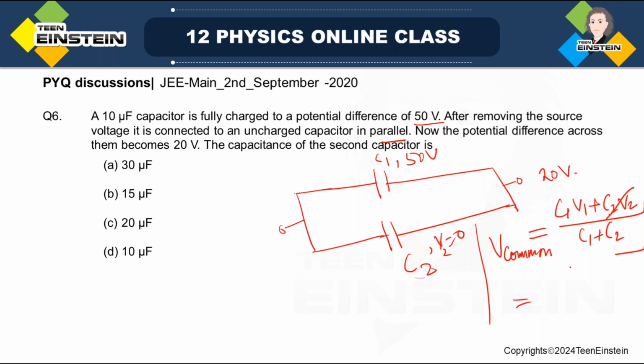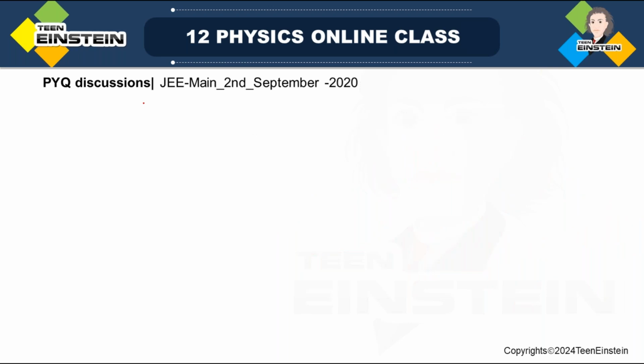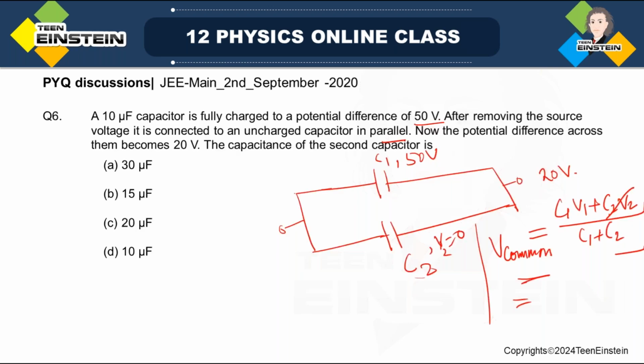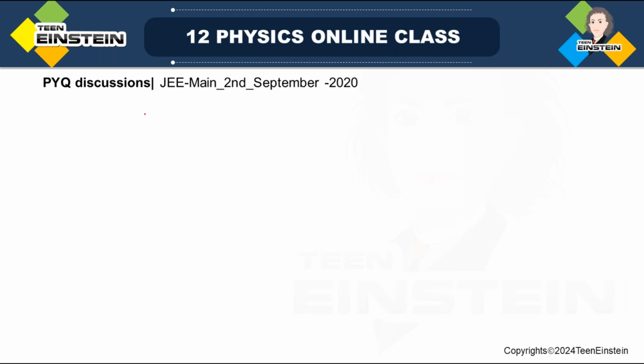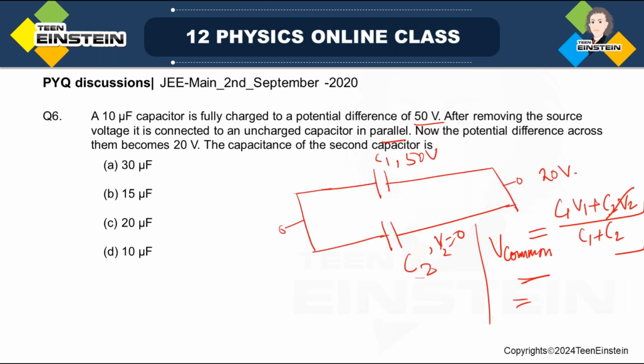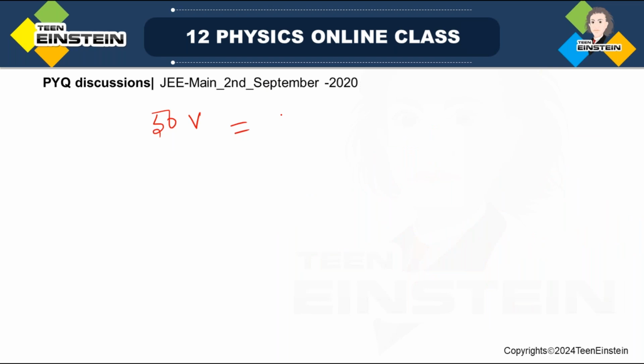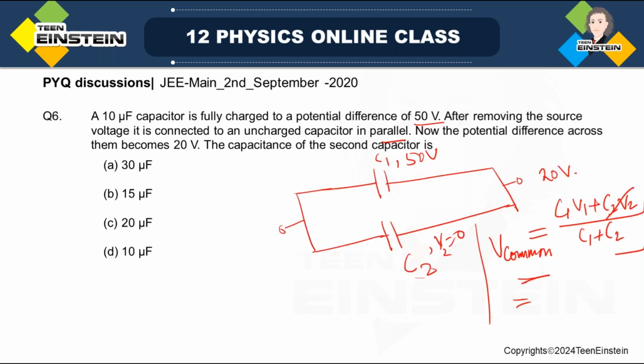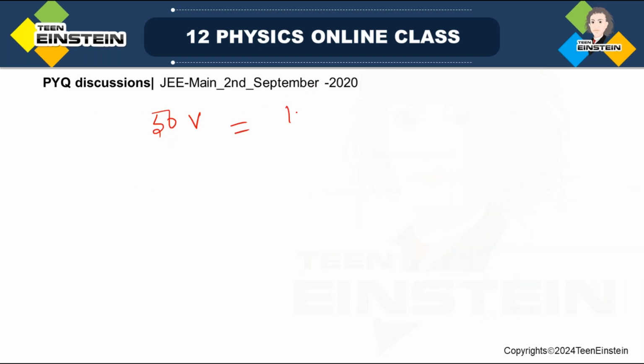So C1 V1, C1 is given, V1 is given, and this common potential is also given. Let us just do this.